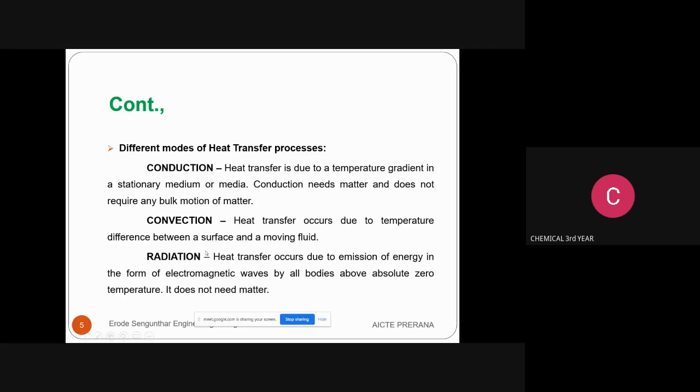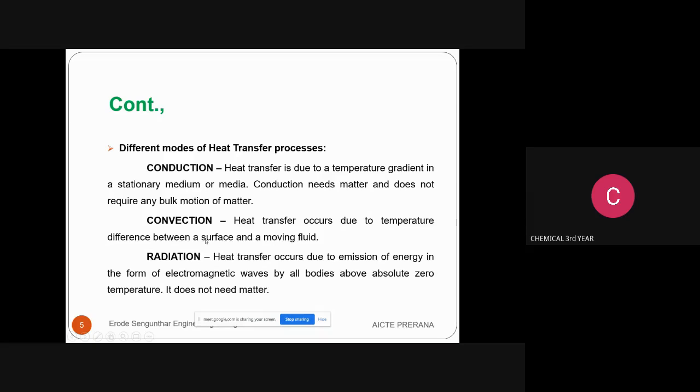And in convection, the heat transfer will occur due to the temperature difference only, but between a surface and a moving fluid. The main concept is the heat will transfer in the moving fluid, but the fluid will definitely come and touch the solid surface, right? So it is a combination process. Wherever the convection process is there, the conduction process will also be there.